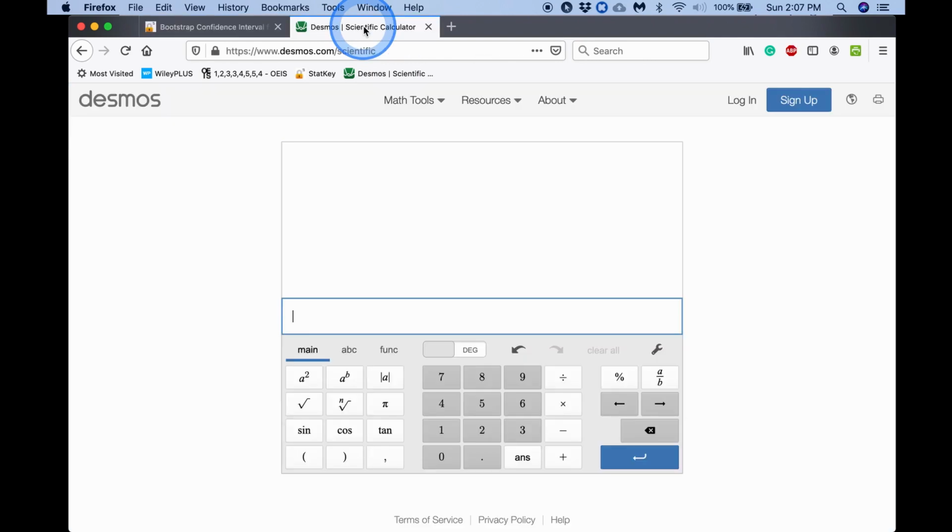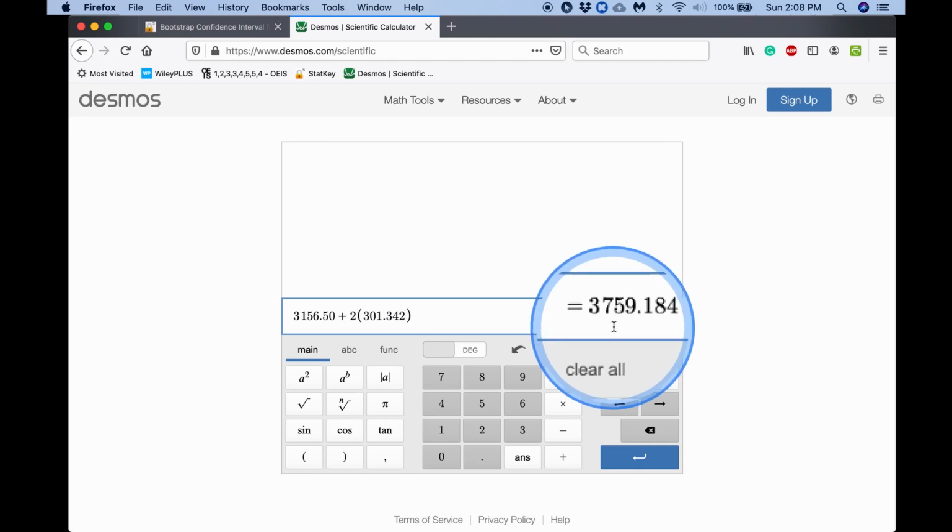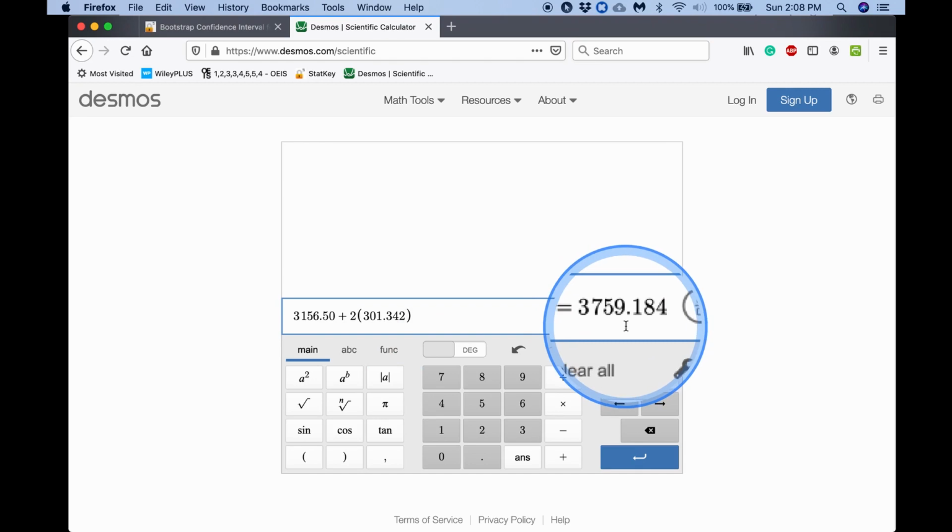Let's take our best estimate, 3156.50, and add on 2 times our SE, which was computed as 301.342. So our upper endpoint is going to be 3,759.184.